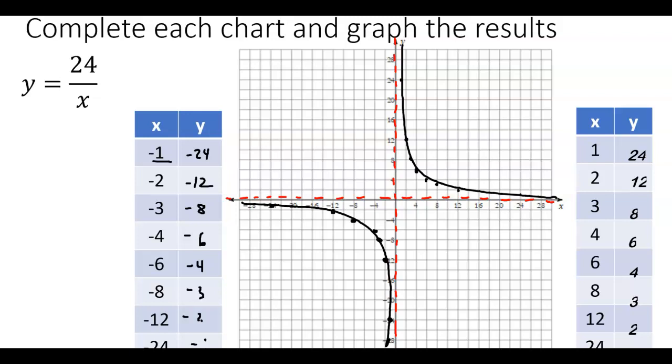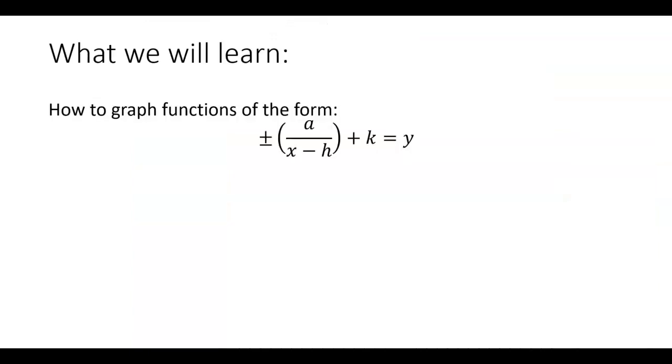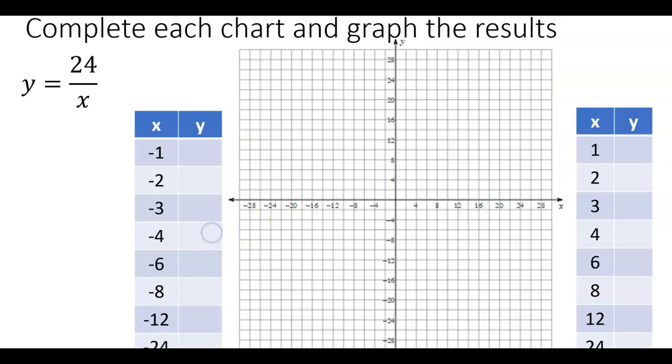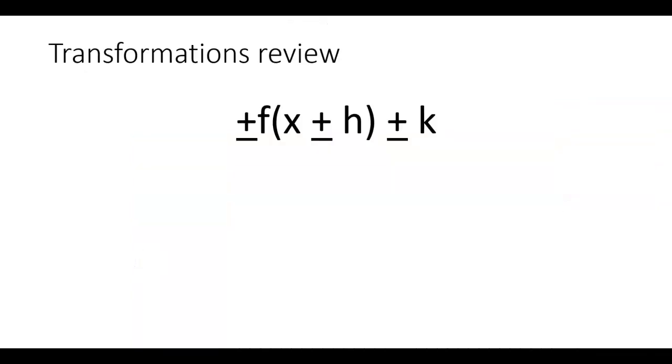So as I mentioned earlier today, we're graphing functions that look like this. We're starting off with something like this, though, that looks a little bit more basic. Let's review some transformation stuff. If you guys have a function, f of x, then we talked about how these things here do different things to the function.